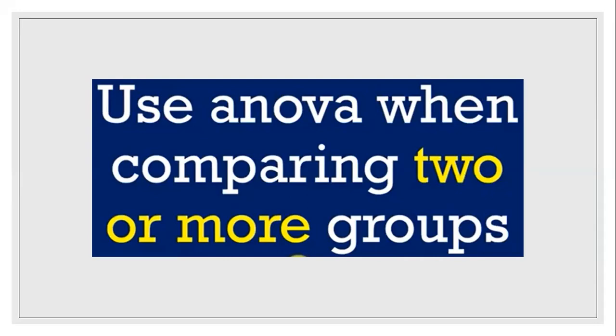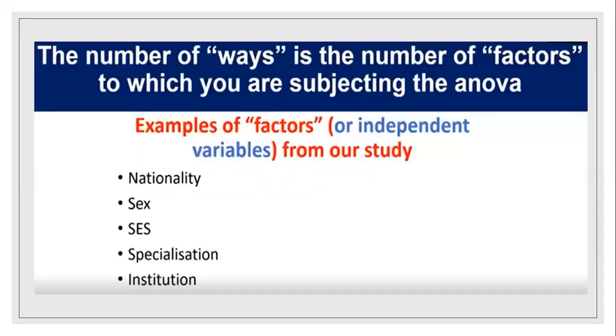Then let's take a look at something much more important, when we say way. You've been hearing factorial design, factors, ways, two-way ANOVA, three-way ANOVA, four-way ANOVA, even 10-way ANOVA. What are they actually talking about? In your questionnaire, you have all the moderating variables.